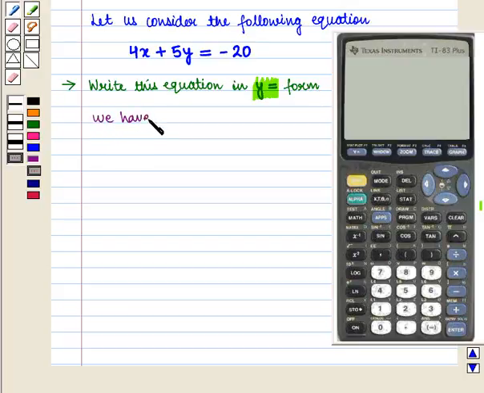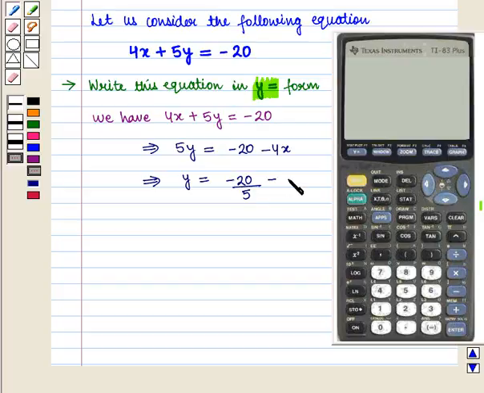We have 4x plus 5y is equal to minus 20, which implies that 5y is equal to minus 20 minus 4x, which further implies that y is equal to minus 20 upon 5 minus 4 by 5x, which implies that y is equal to minus 4 minus 4 upon 5x, or we can write it as y is equal to minus 4 upon 5x minus 4.